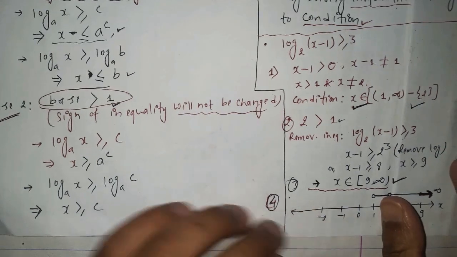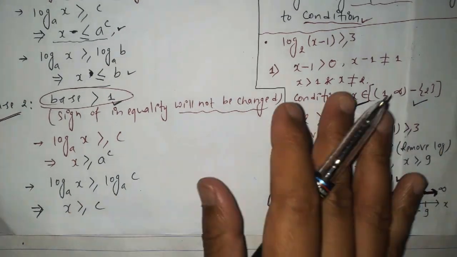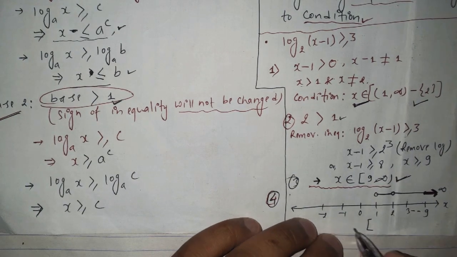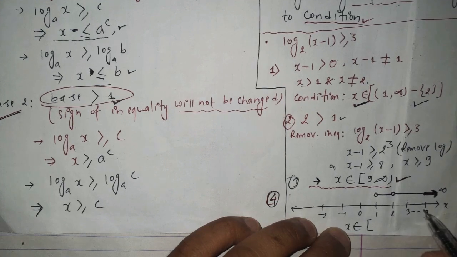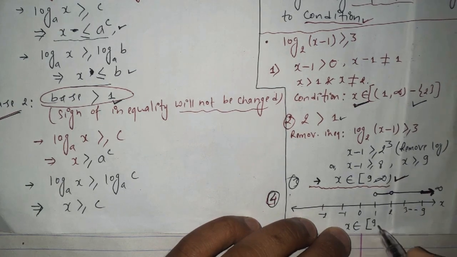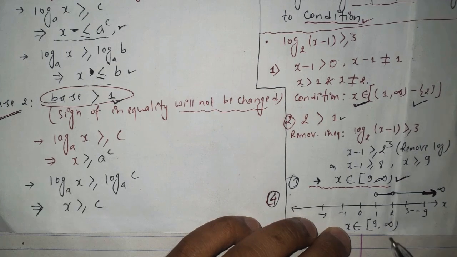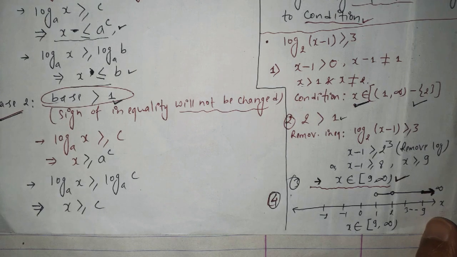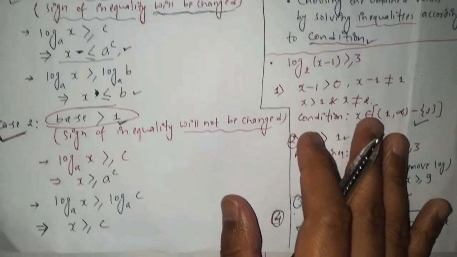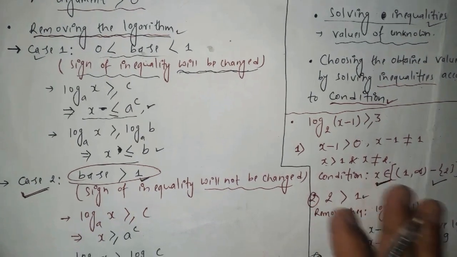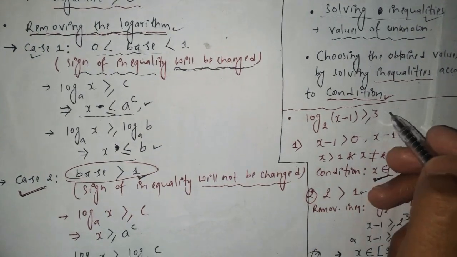So the final solution of the given inequality, let me write here in interval form: x belongs to the set [9, infinity), where 9 is included. So here we have found the values for this given inequality.